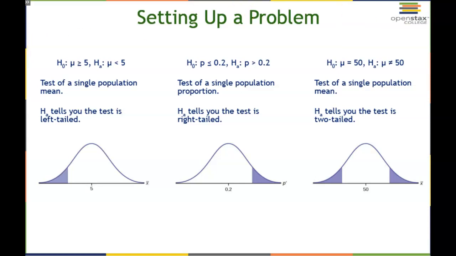Now we don't have all the details, we don't have the test results, but setting up the problem is gathering information out of the problem description. And by your H0 and HA statement, you'll know, at least, if your test is a mean or a proportion test, and HA will tell you if it's a two-tailed, a left-tailed, or a right-tailed test.